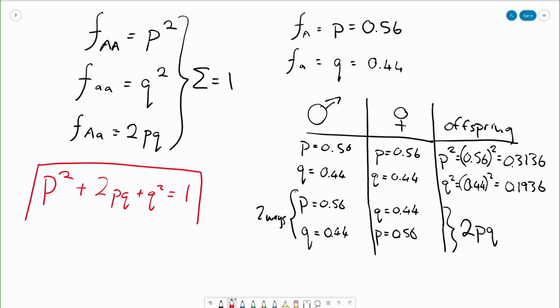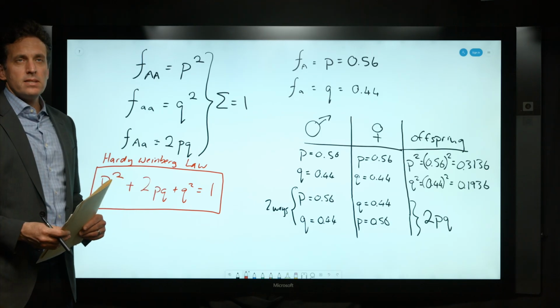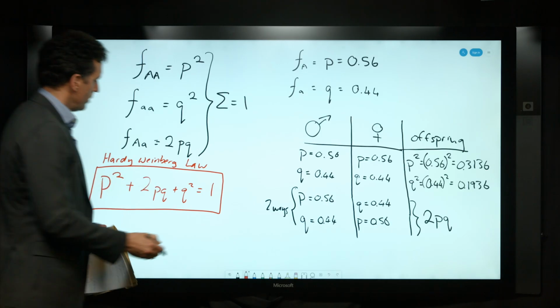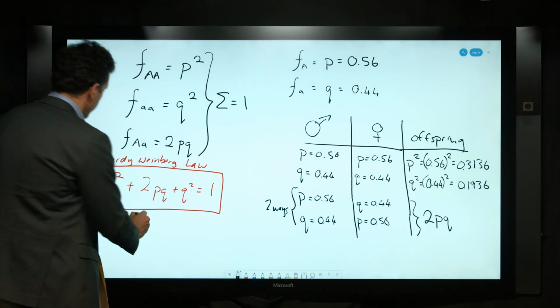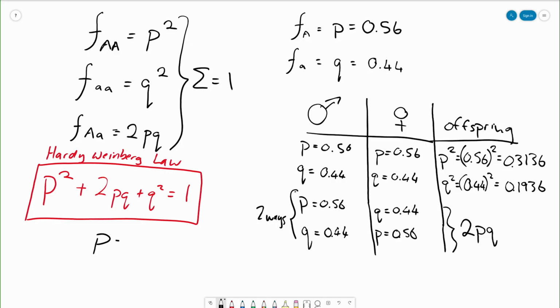And this is the famous formula known as the Hardy-Weinberg Law. This is actually a very simple mathematical relationship, and you can see that this must be the case. If you recall some of your high school mathematics, we started off knowing that p plus q is equal to 1, and so it follows that (p plus q) squared must be equal to 1 squared, which of course is 1.